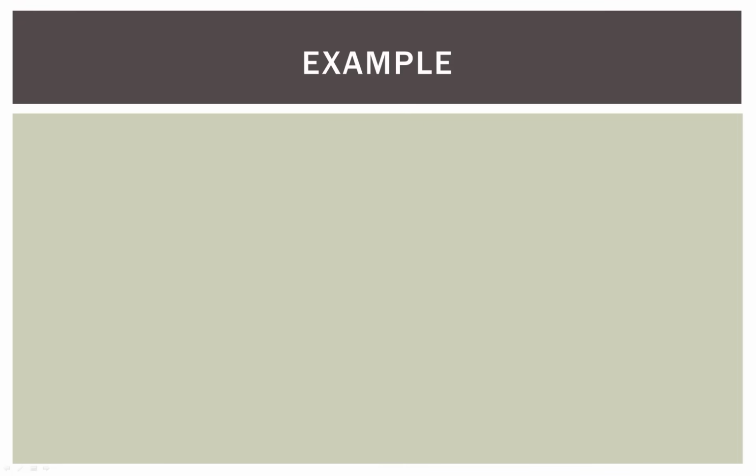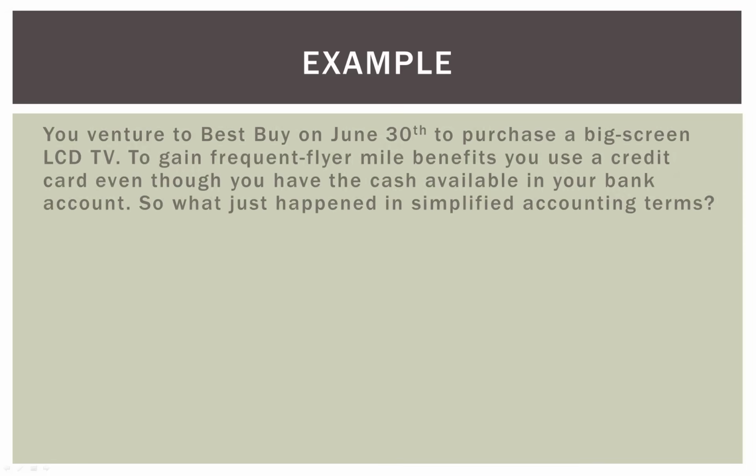So here is an example of accrual accounting, or at least an example you may have come across in your daily experience. So let's say you venture to Best Buy, assuming the one near you is still open, on June 30th to purchase a big screen LCD flat TV.